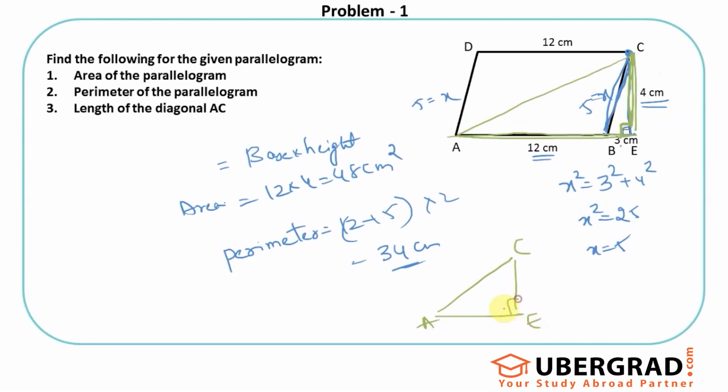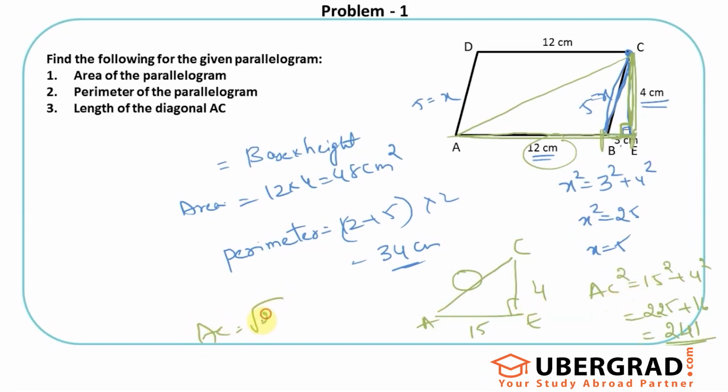CAE, this is 90 degrees, CE is 4, this is 12 up to B, and 3 centimeters is the length between B and E, so this should be 12 plus 3, 15. I need to find AC. So AC square equals 15 square plus 4 square. 15 square is 225 plus 4 square is 16, that is 241. So diagonal AC is square root of 241. You cannot simplify it further, so that's okay.